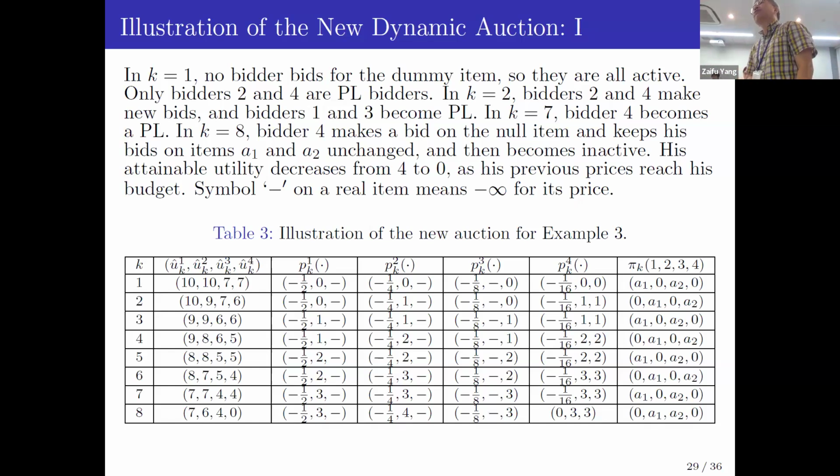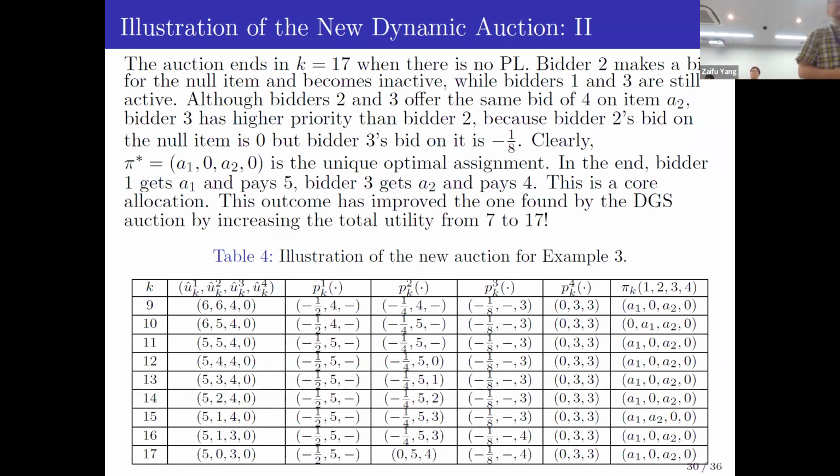Okay, now let's look at how the auction ends. In the end, the auction will stop at step 17. Now you have this final assignment, and there's no provisional losing bidder anymore. So then the auction stops.